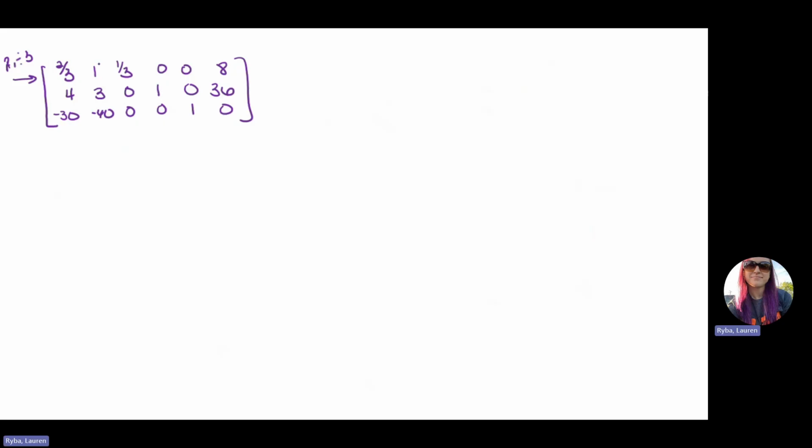Now you guys know that once we get the 1, we then have to get the zeros everywhere else in that column. So my goal is to keep the 2/3, 1, 1/3, 0, 0, 8, and I want to make those zeros.